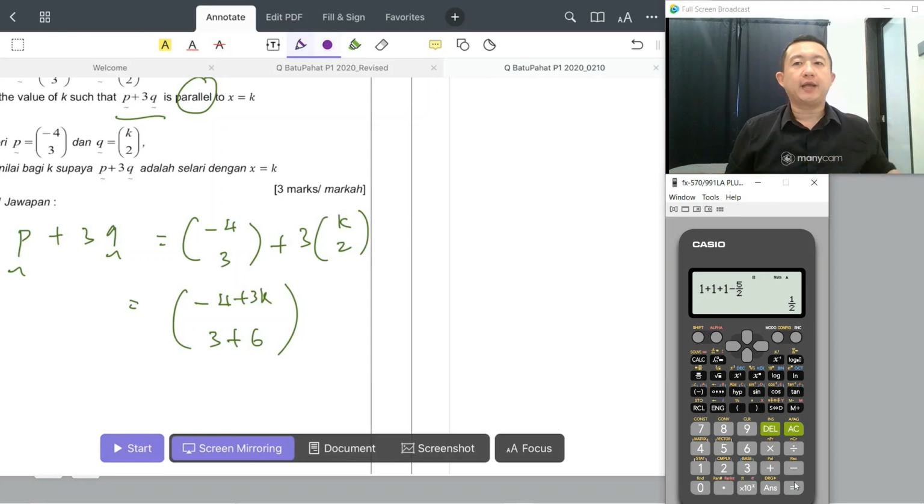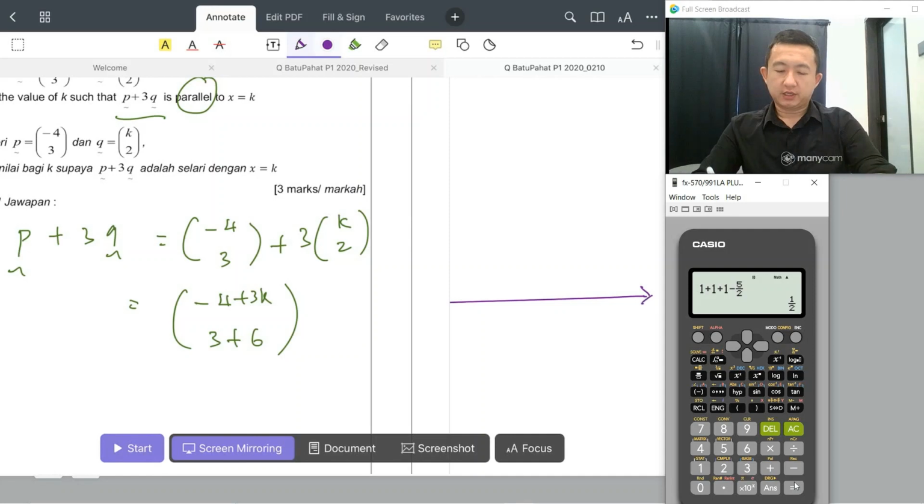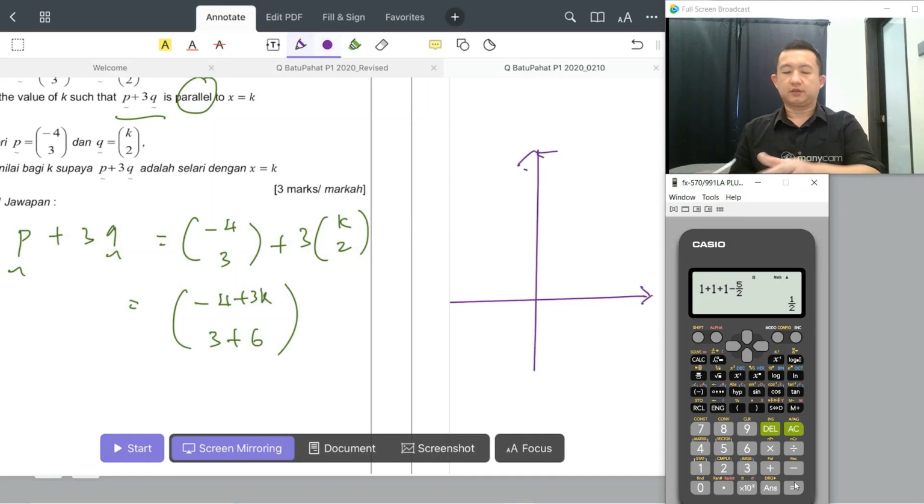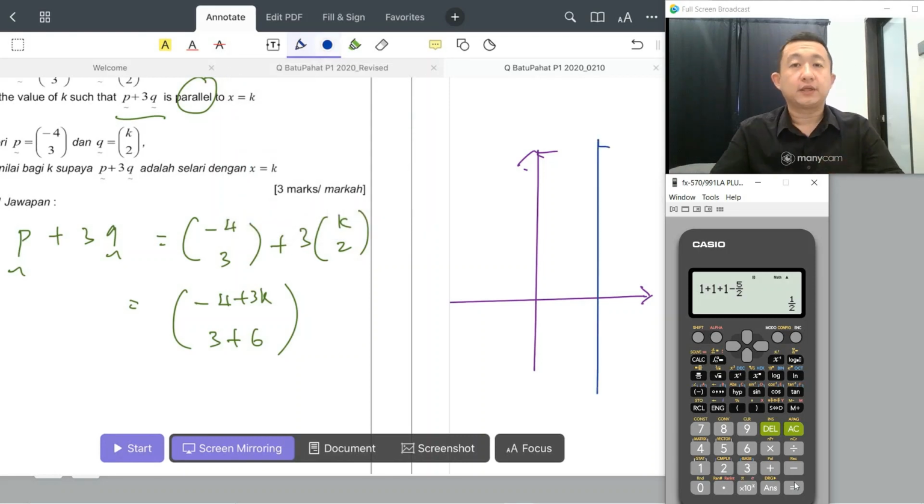Do you remember, x equals k, is that a vertical straight line, horizontal straight line, or diagonal straight line? Think about this. X equals k is a vertical straight line, am I right?